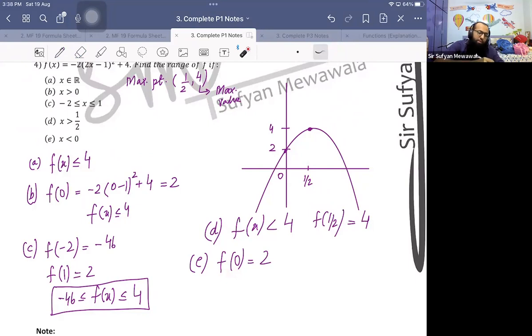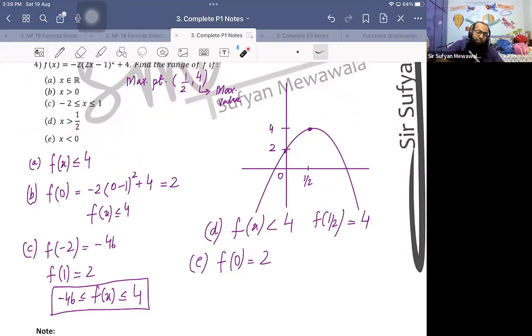Now if the domain is x less than 0, this x is not included. Half is not included in the domain. As 1/2 is not included in the domain, 4 will not be included in the range.